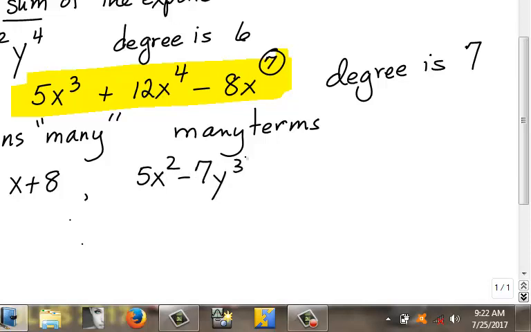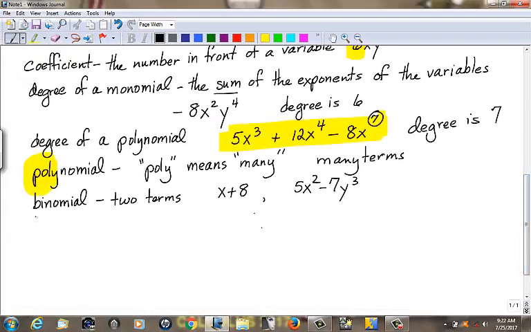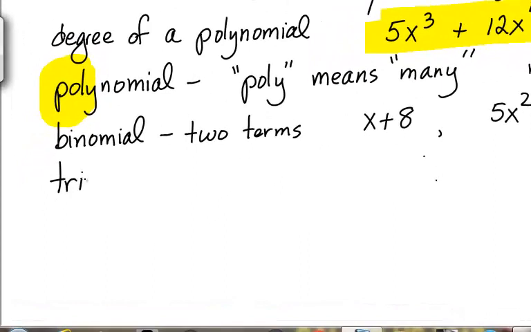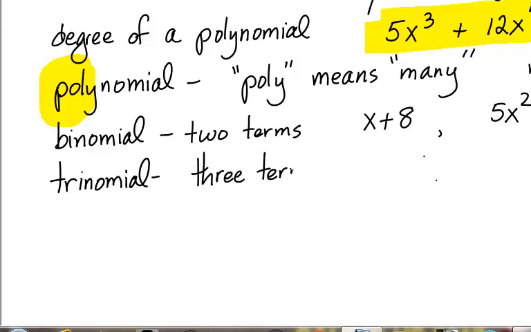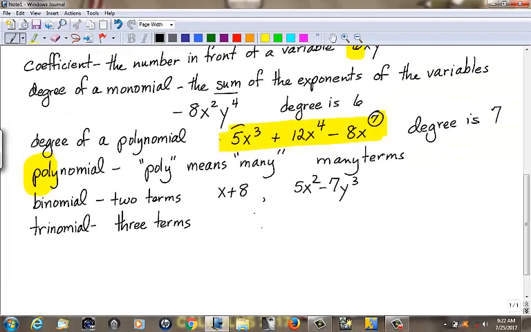There's two terms in each of those. And a trinomial has three terms. Prefix tri meaning three. So this one actually is a special case. It's a trinomial, but it's also a polynomial in general.